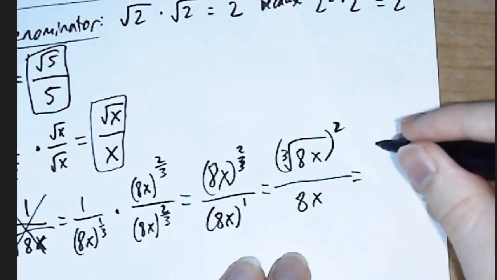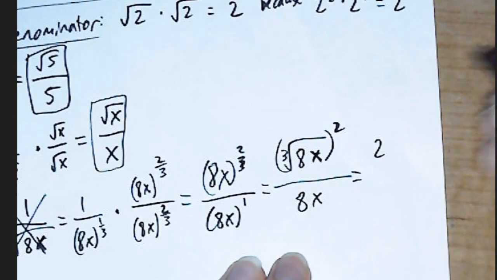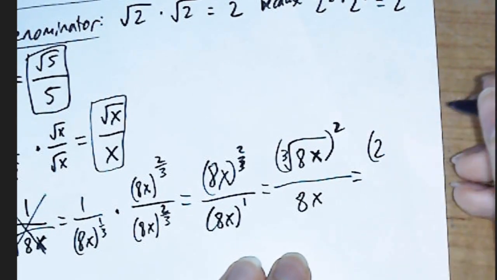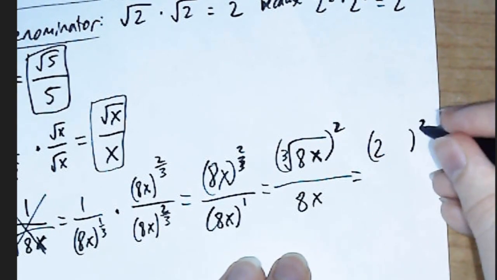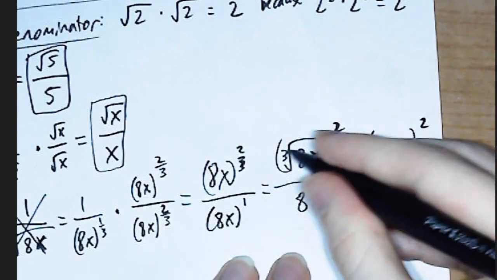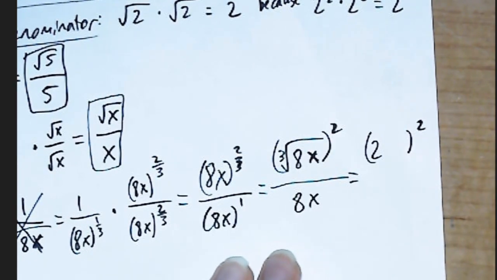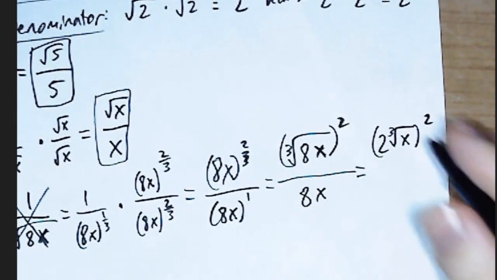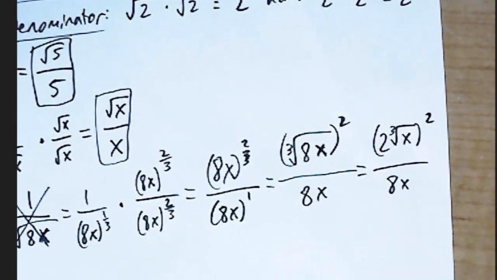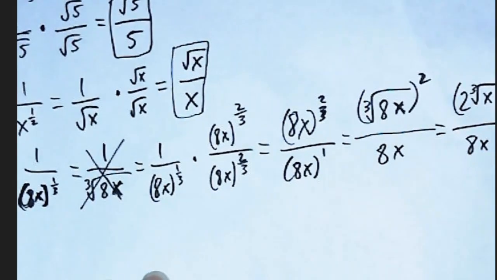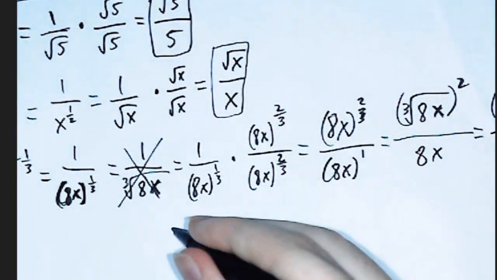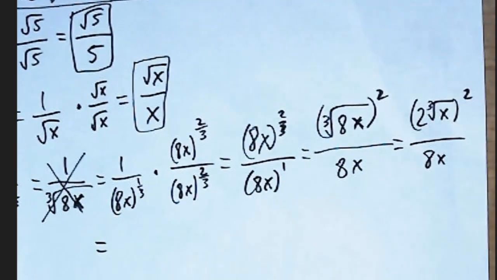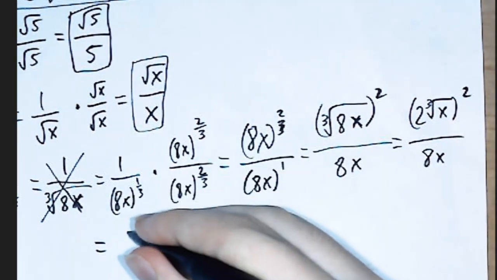Now the cube root of 8 is 2, and you can't take the cube root of just regular x, so we're going to leave it as the cube root of x. And all of this is going to be squared. And it's still over 8x. Now I'm going to come down here. And 2 squared is going to leave me with 4.